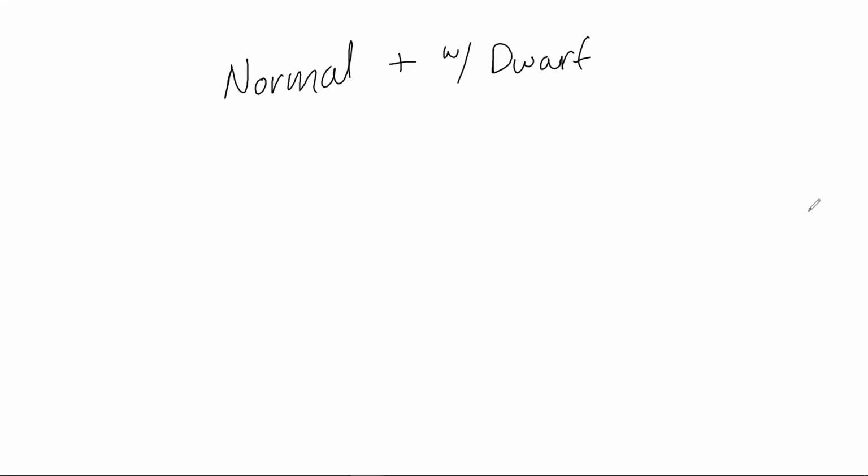What is each? What traits am I considering for each? With dwarfism and normal? All right.